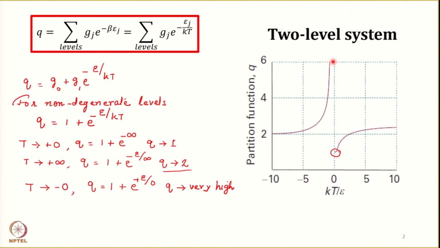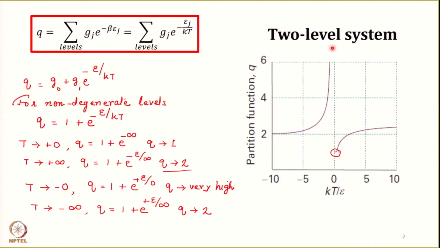Let us now discuss the next one, when T approaches minus infinity. Then Q will approach 1 plus exponential of plus E upon infinity, which is 1 plus exponential 0. That means Q will approach a value of 2, and that is what you see over here.